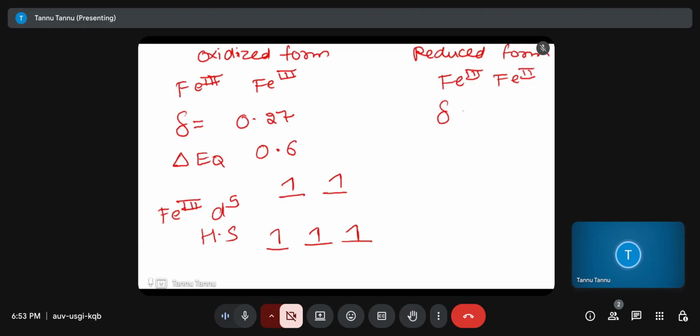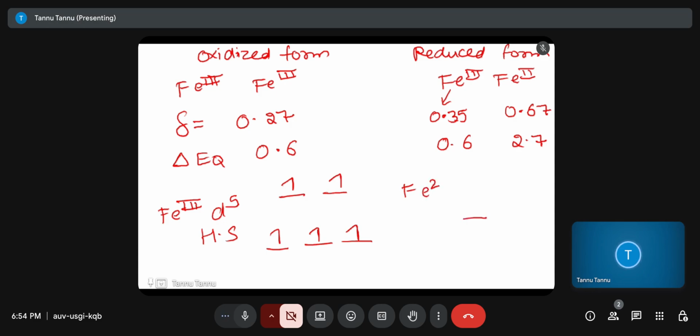and here there are two isomer shifts. For Fe3 it is 0.35, for Fe2 it is 0.67, and the quadrupolar splitting is 0.6 and 2.7.